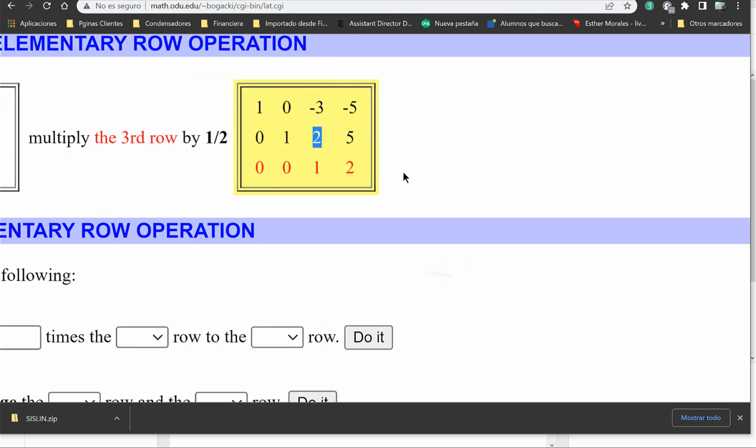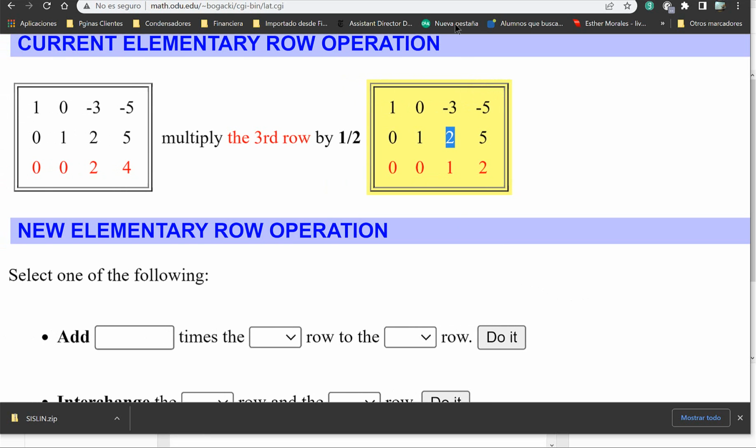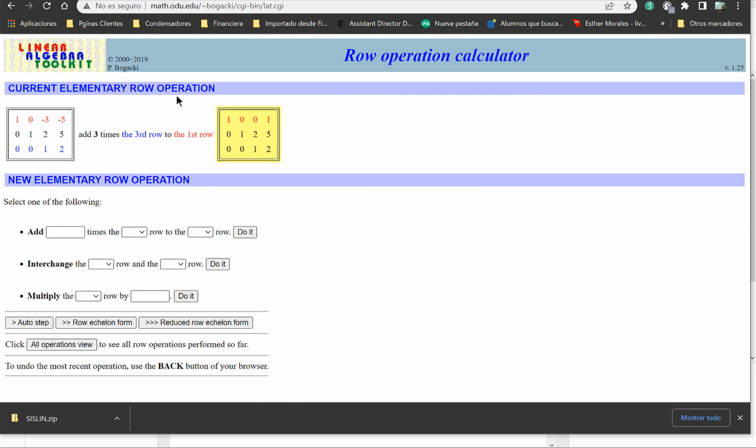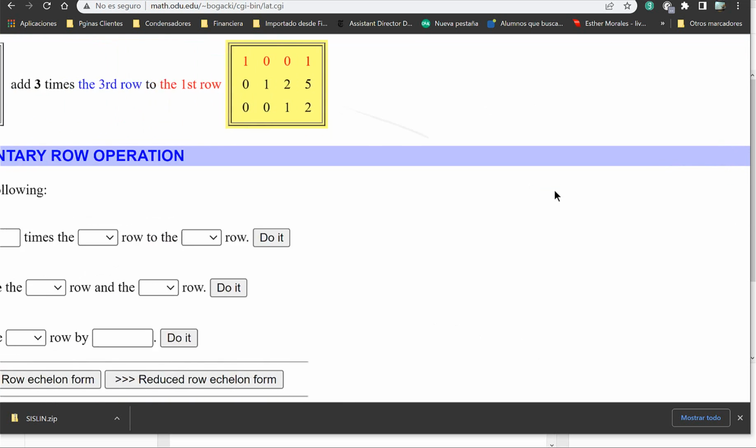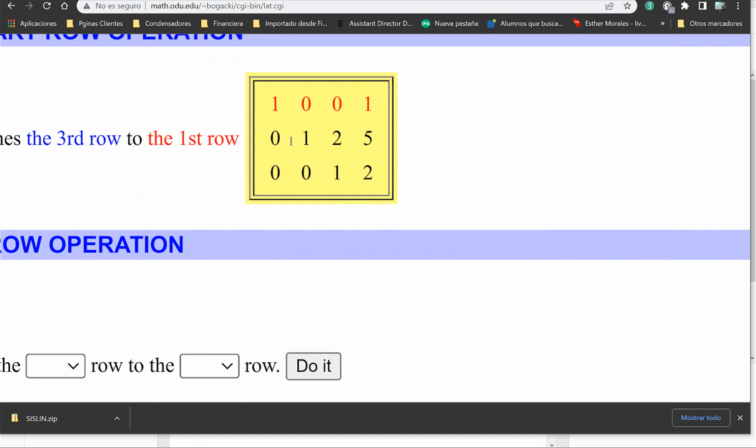We have to do it in 2 steps. Add 3 times the third row to the first to get a 0 here, and you have it. The pivot and zeros here.